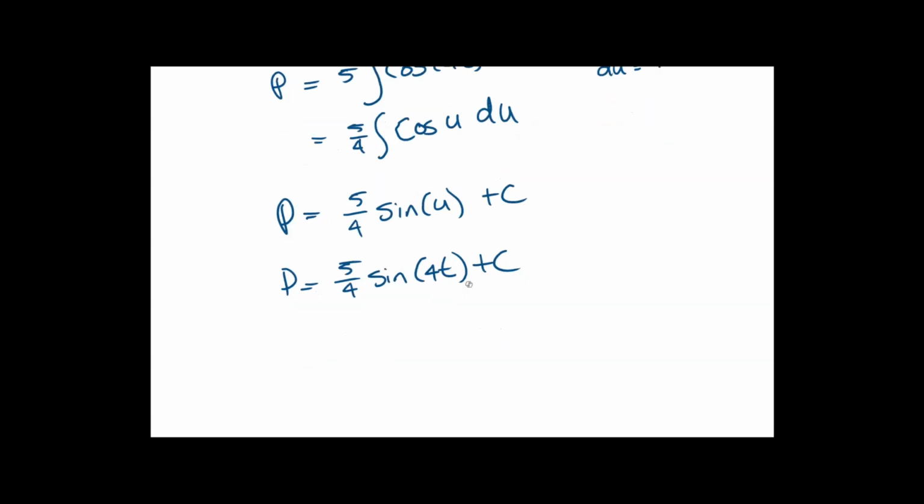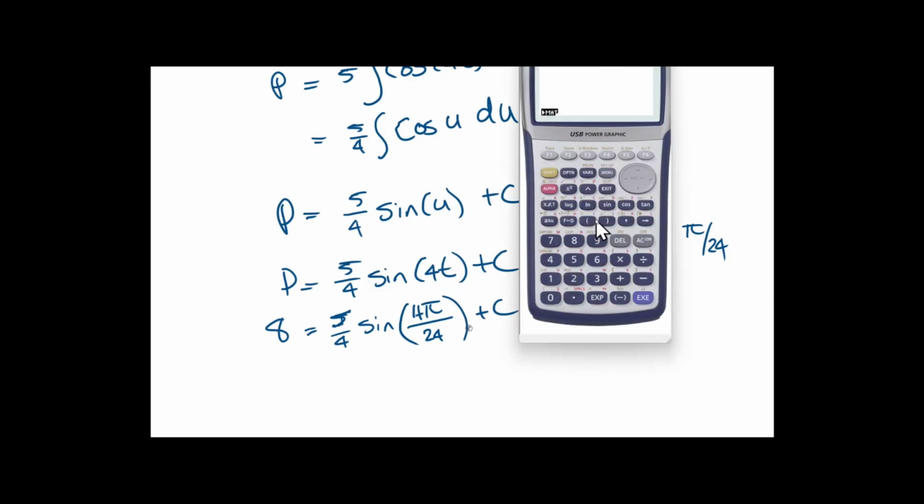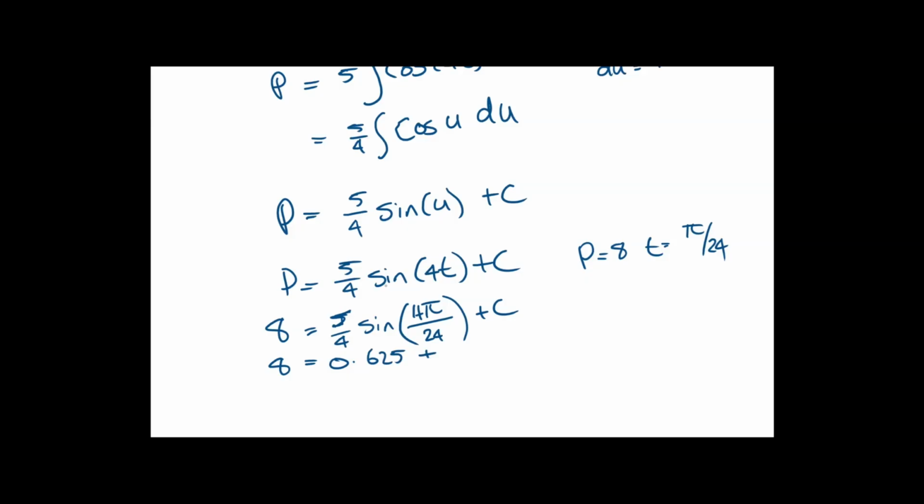Now we're told the initial conditions. P equals 8 when t equals pi over 4, so we set that equal to 8. That gives 5 over 4 sine of pi, plus C, which is 0.625.